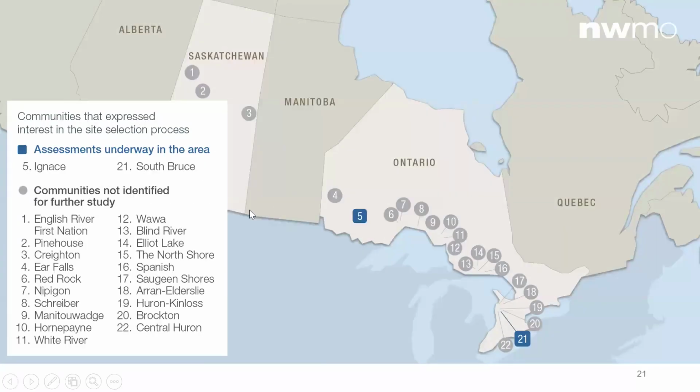All right, so it bears mentioning that we're primarily focusing on these two locations, Ignace and the South Bruce site. But there were many other candidate sites that were examined. This is an important aspect from more of a public policy standpoint: when it comes to communities willing to host a DGR, the best practice is to put a call out or approach those communities and ask of their interest.